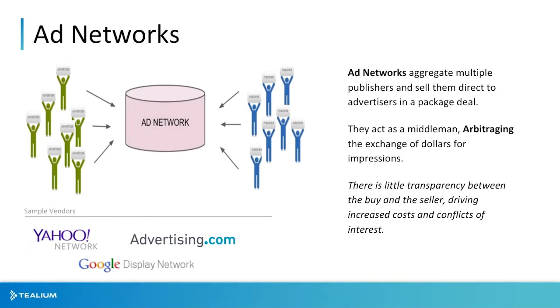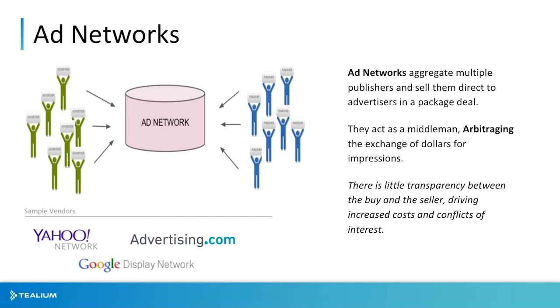Ad networks is an aggregate of all those ad servers. So multiple ad servers working with multiple agencies and multiple advertisers all come together into a single network. And the network is sold as a kind of a brand for the publishers, and say, here's an ad network for cars, here's an ad network for holidays. And so publishers now have a contextual means in which to offer their inventory into this network.